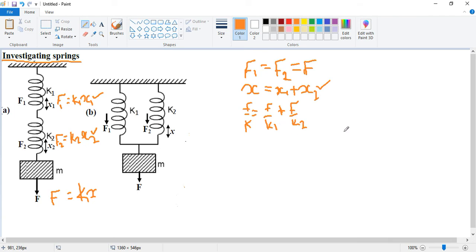F has cancelled, and you will notice that the effective spring constant is obtained from the sum of the reciprocals. So 1 over K is equal to 1 over K1 plus 1 over K2.